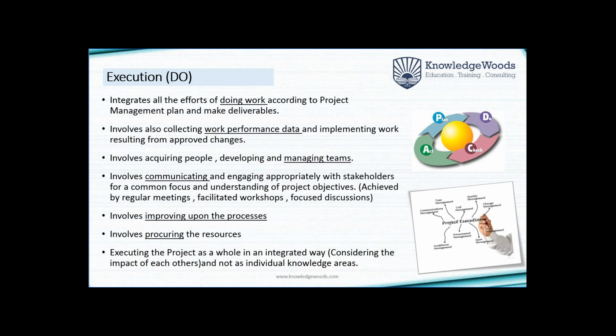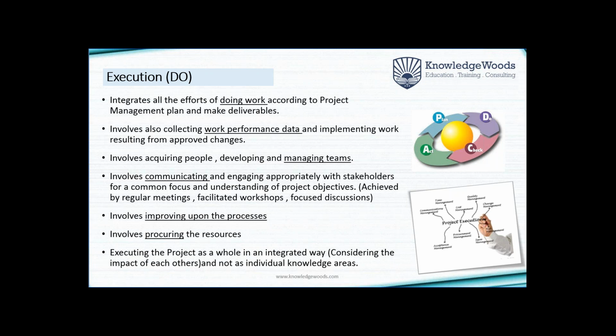So as I said, in doing the work, he has to integrate all these efforts, right? At the same time, while the project is being executed, a lot of work performance related data is being created. What time the activity has taken, what cost it has incurred, how many defects have come, right?